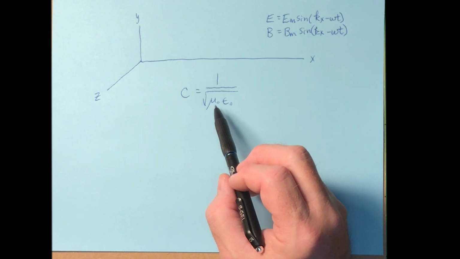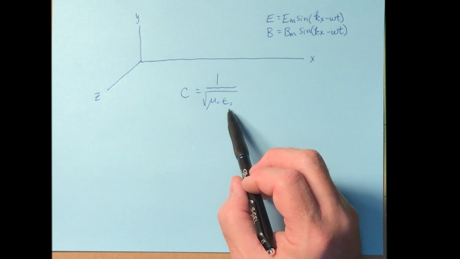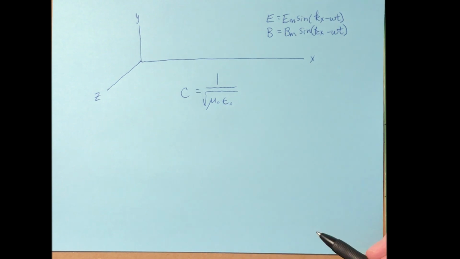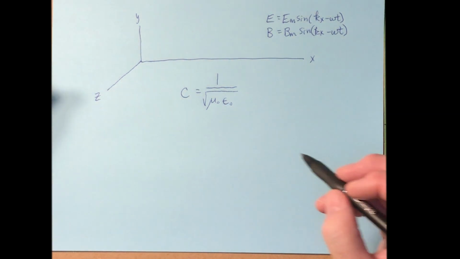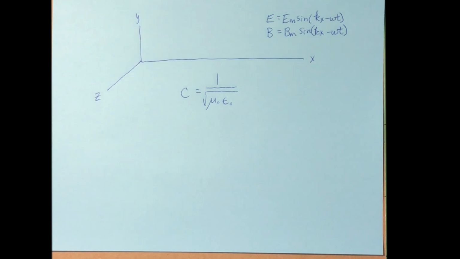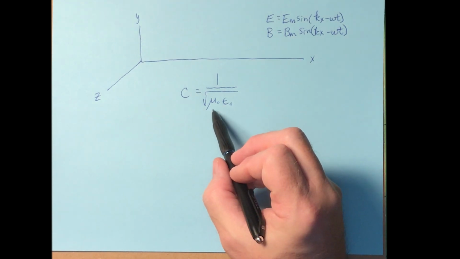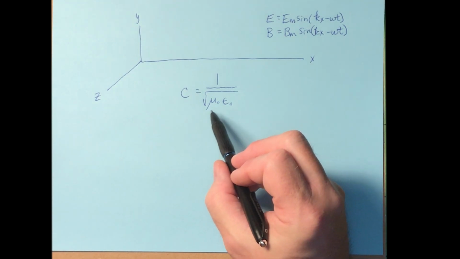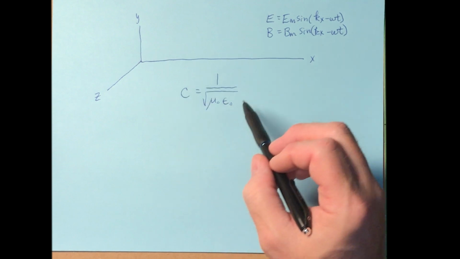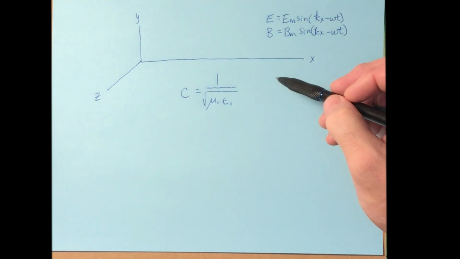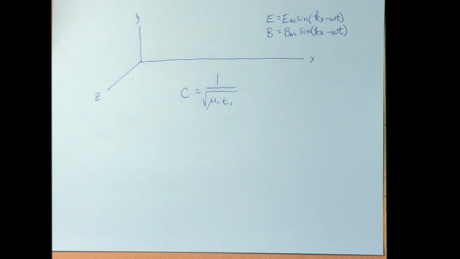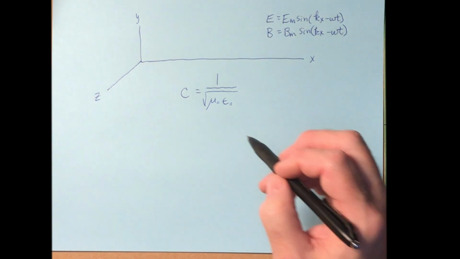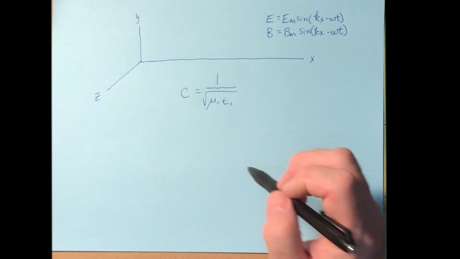If you plug in the values for mu naught and epsilon naught, you get a number very, very close to the speed of light. The reason it might be off would be rounding errors and not using perfect values for mu naught and epsilon naught. But this is what the mathematics of that section of the textbook boils down to: we discover that the speed of light can be determined from those fundamental quantities.